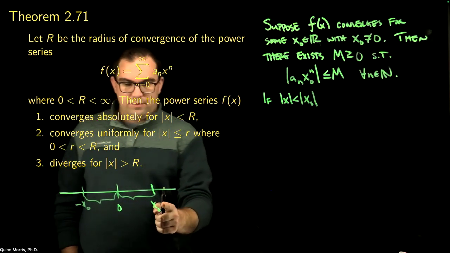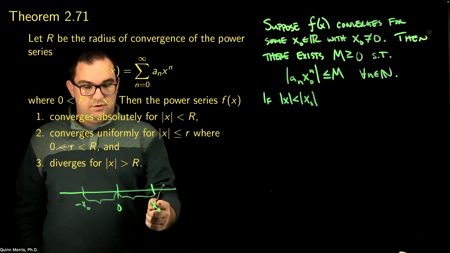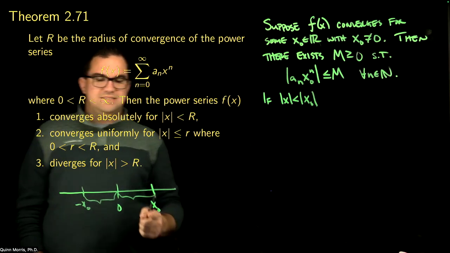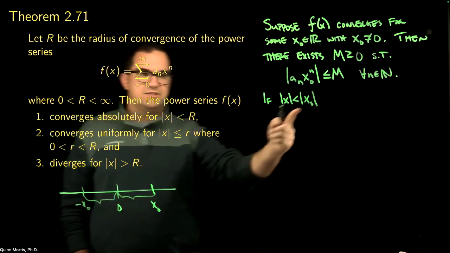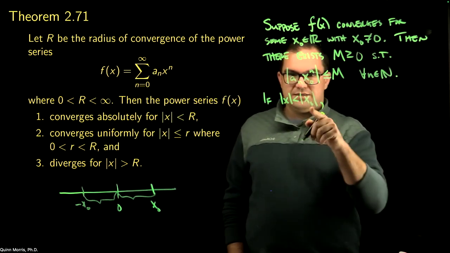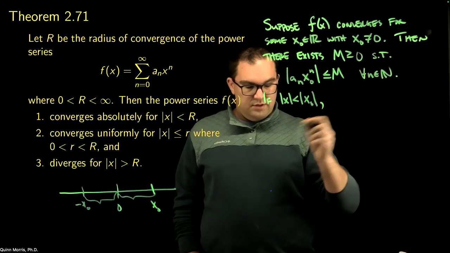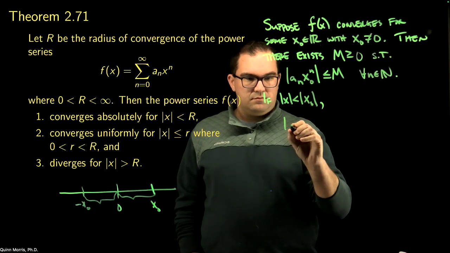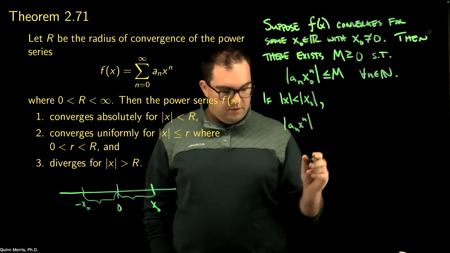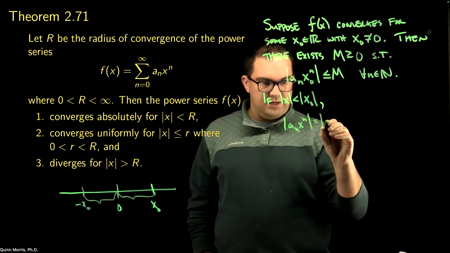So what we are first showing is as soon as you know you converge at x naught, you know you converge at every x value that's as close to 0 as x naught is. Okay. So if x in absolute value is less than the absolute value of x naught, then if I look at a sub n x to the n, well, I can do a little algebraic manipulation here.